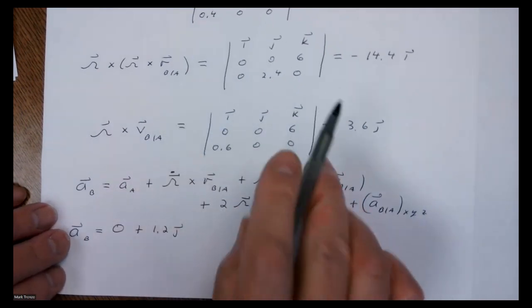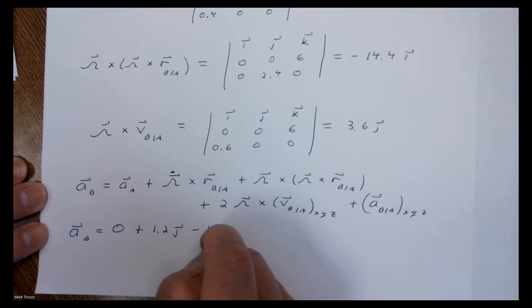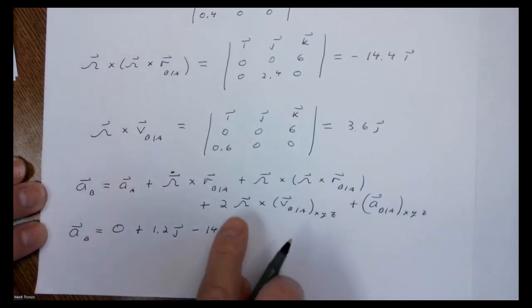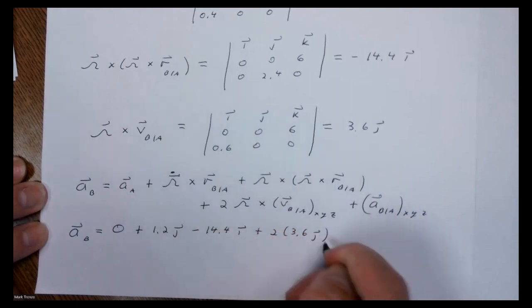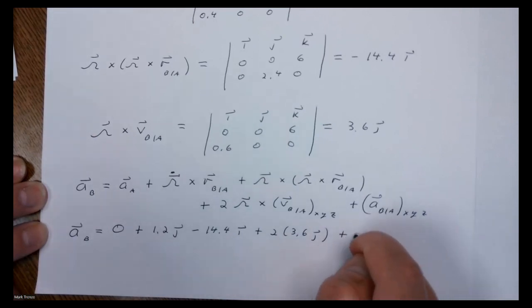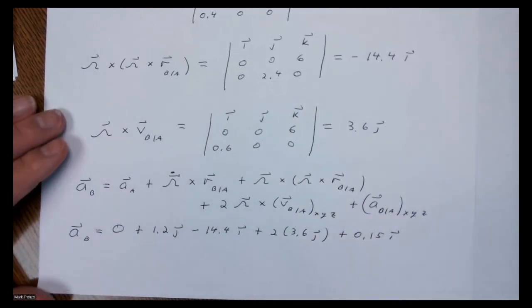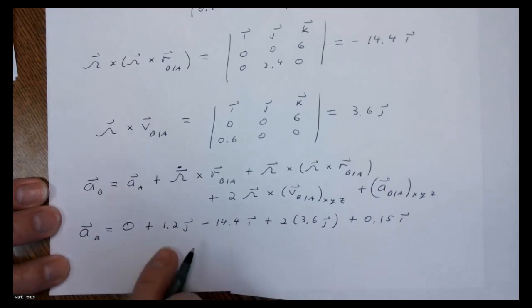This right here was negative 14.4I. And over here, this was plus 2 times 3.6J. And this was 0.15I, like this. And so we just add everything up.